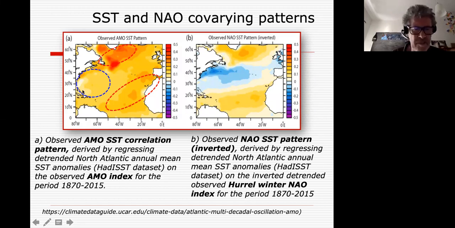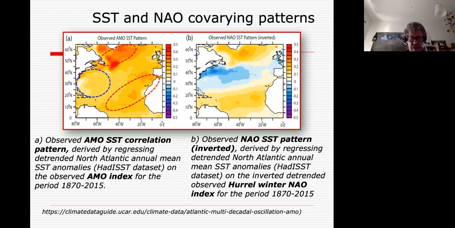Here, on the western plot, we saw how the spatial patterns are related to the AMO index. Here you do the same with the NAO index. To make things simpler, we reverse the NAO index in order to have a positive correlation.